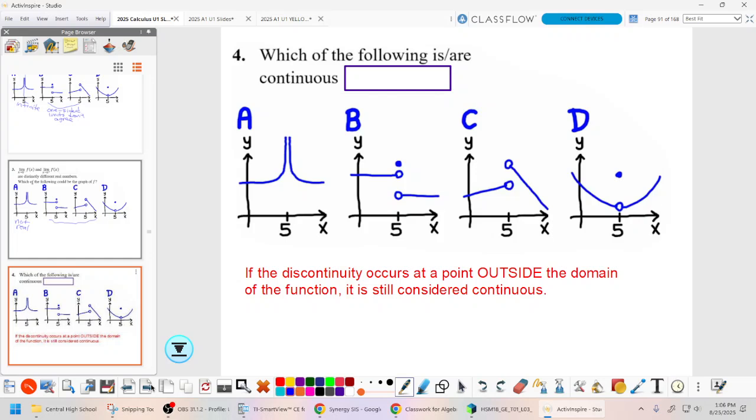All right, which of the following is continuous? Be careful with this one. I put this note in red down here.